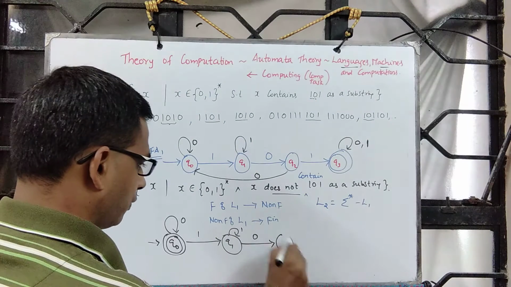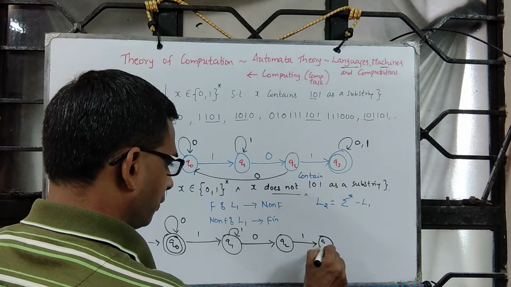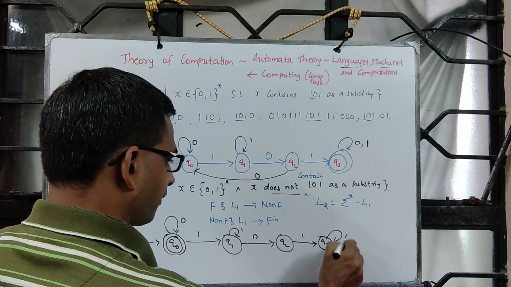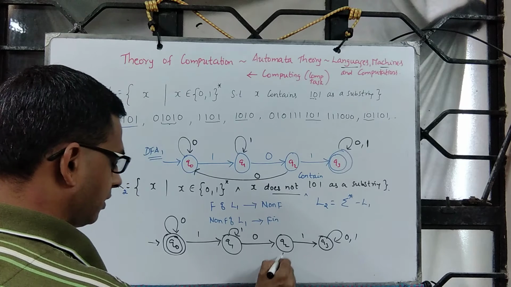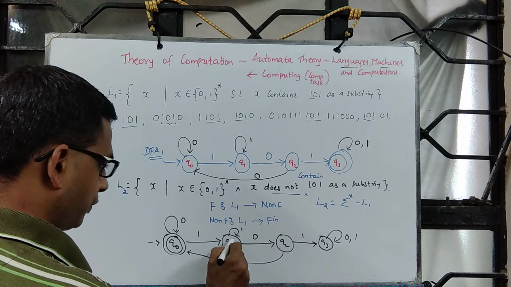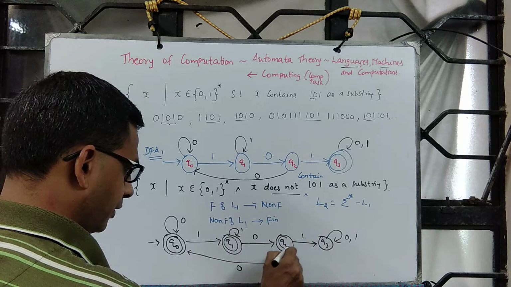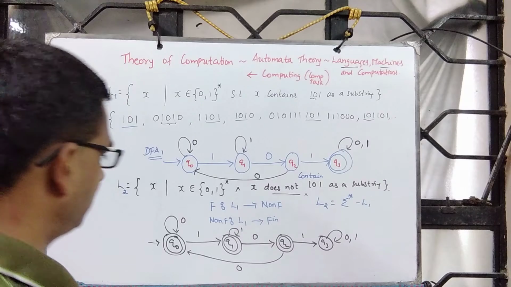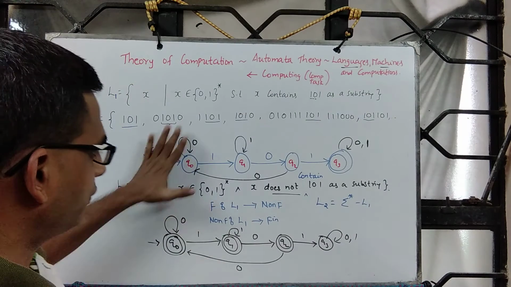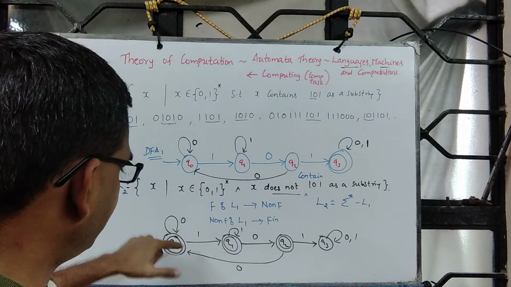On reading a 0, you go to Q2. On reading a 1, we go to Q3, 0, 1. On reading a 0, we come over here. So now Q0 is a final state, Q1 is a final state, Q2 is a final state. No change in the transition. So on reading 0, we stay here.